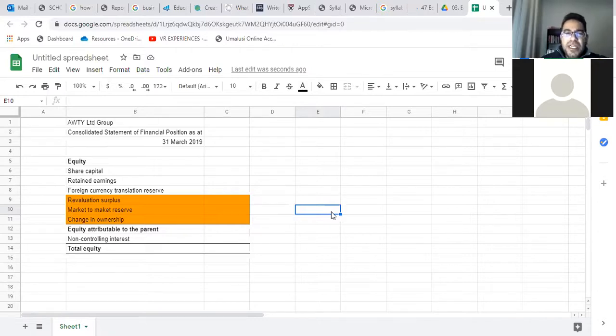Just to get like a quarter mark, maybe a half, we plug in share capital. The share capital won't change for our purposes. If you look on the preliminary consolidated trial balance, share capital was given to us as 100,000.